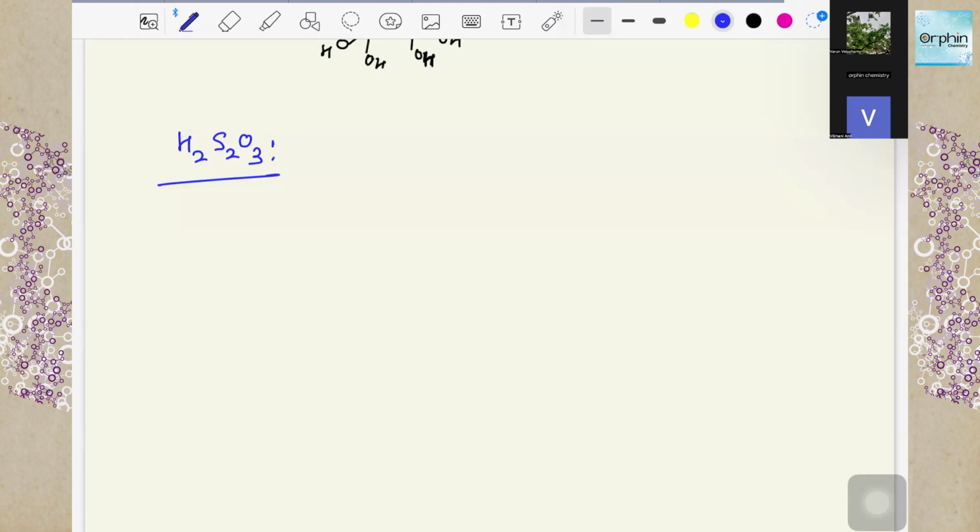The oxidation state is coming at 6, 4 plus 2, which is very much less than maximum. So direct linkage. Okay.